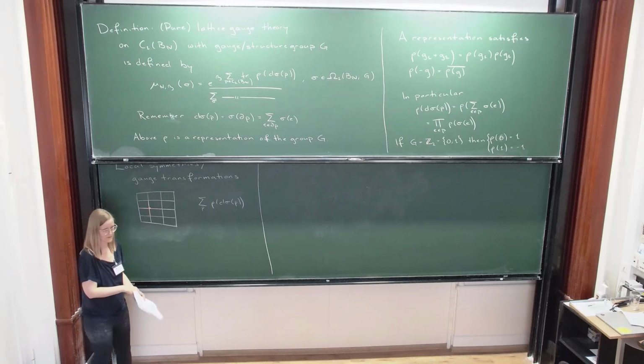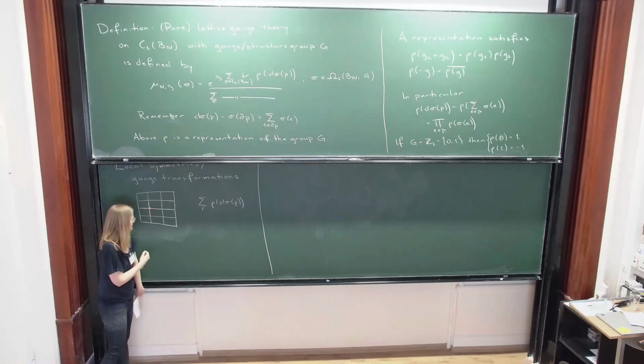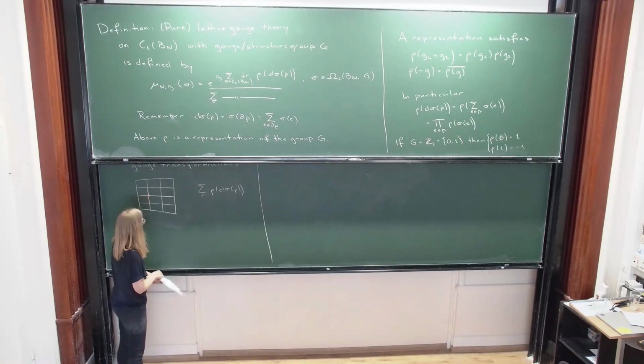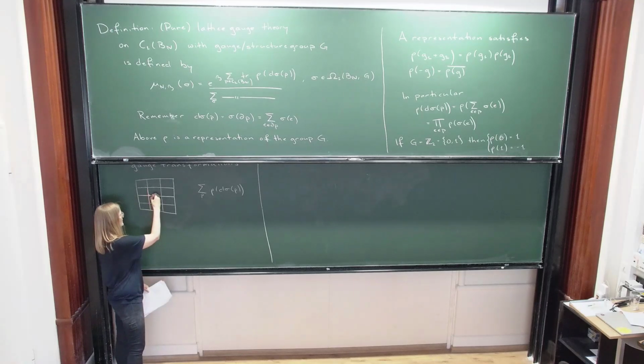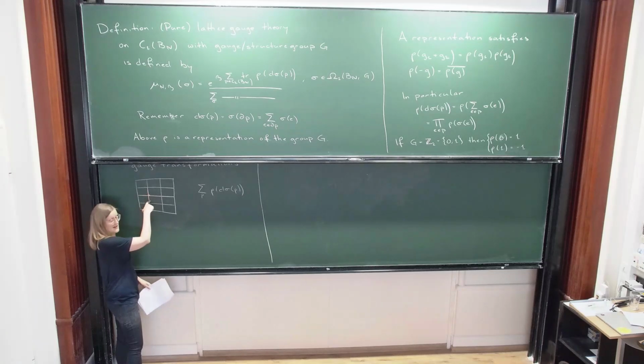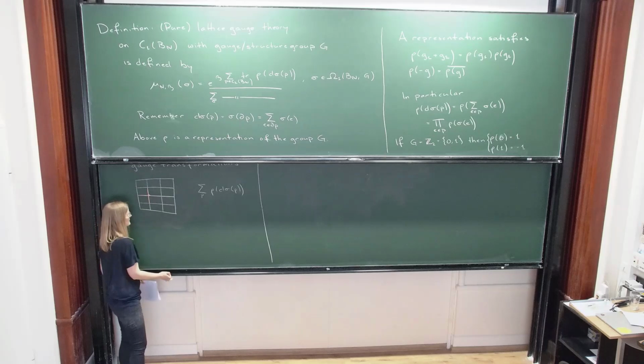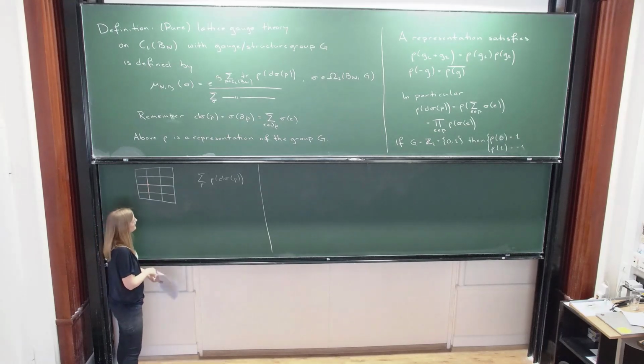You can do that. So if we have a spin configuration to start with, sigma, we can call this new spin configuration, where we changed things close to that vertex, something else.